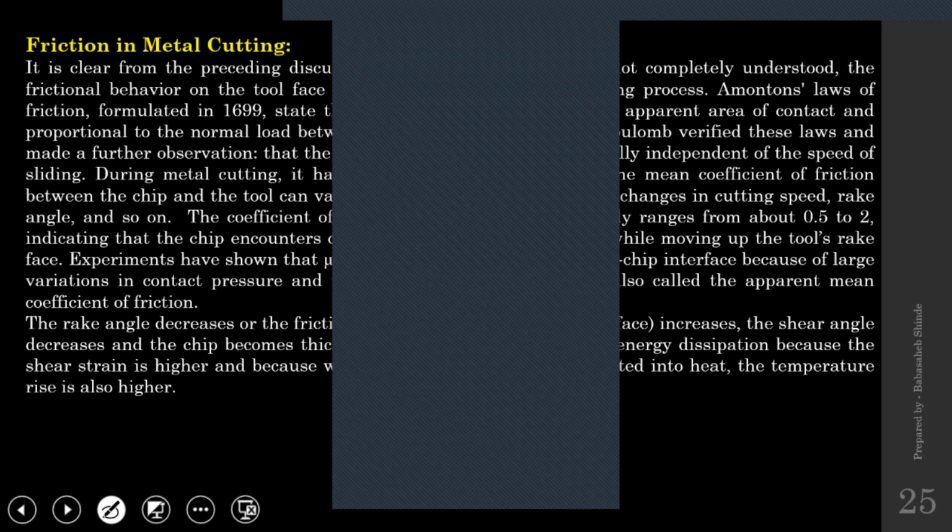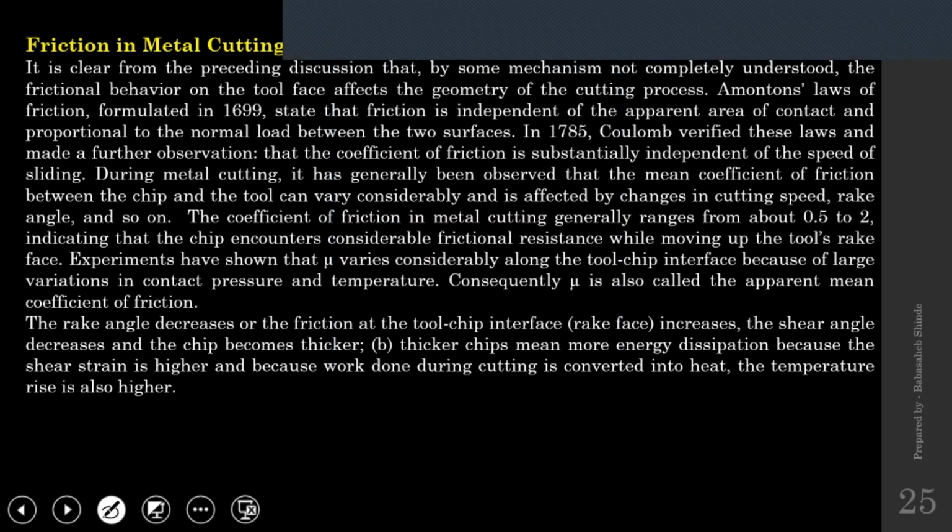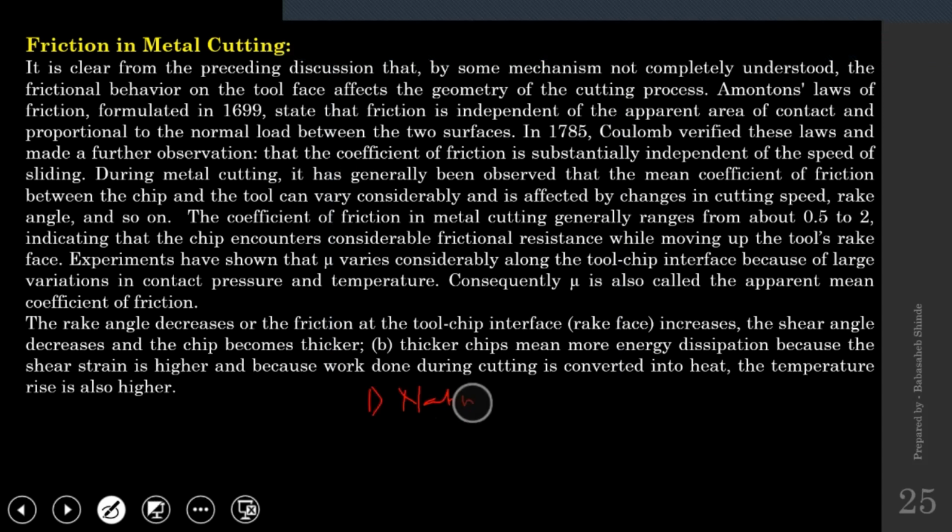The friction experienced by the object can be dependent upon the nature of the surface it is in contact with. Very good. The first thing is nature of the surface. I will write the things: speed, area.